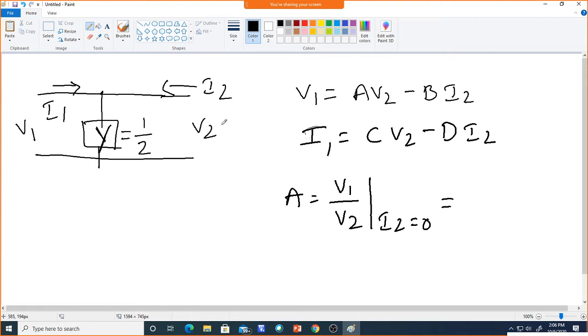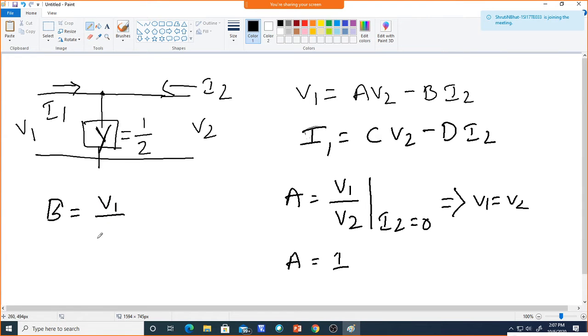Since port 2 is open circuit, V1 will be equal to V2. So this implies V1 equals V2, and then A will be equal to 1. In the similar way, take B. How can we calculate B? B is equal to V1 by minus I2 when V2 equal to 0.